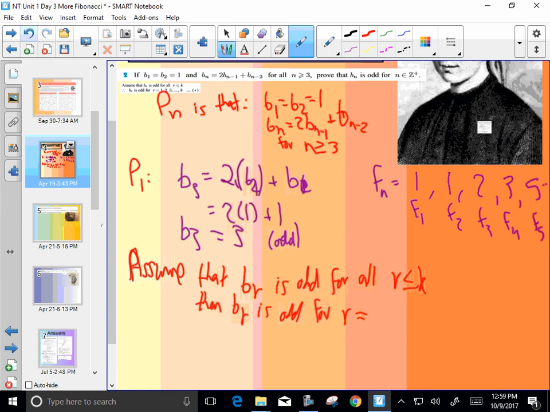Oh, but it's still R equal to 1, 2, 3, all the way to K.